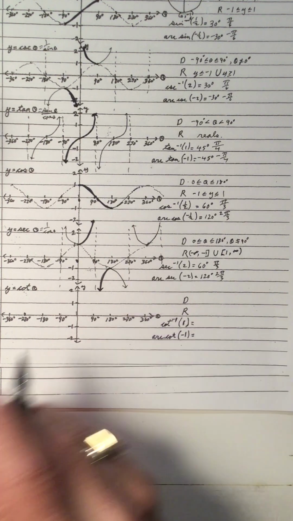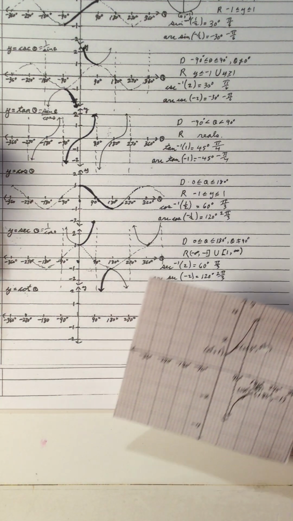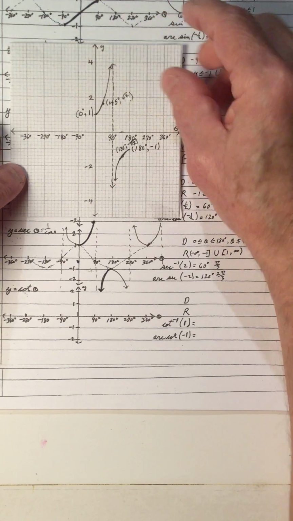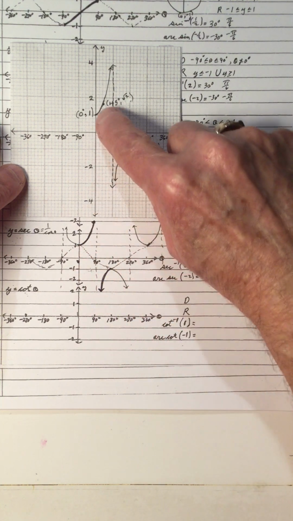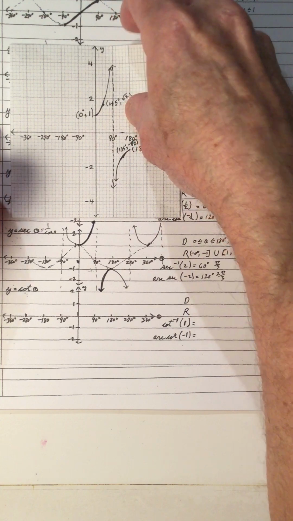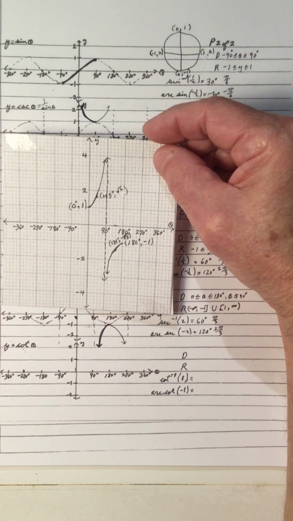Okay, let's have a look at what cot is doing. Well, I don't think I did the inverse of the secant. Here's the secant, the restriction here, there it is, and here, there it is. So I'm going to take it and do the reflection. I've got to bring this back down now.